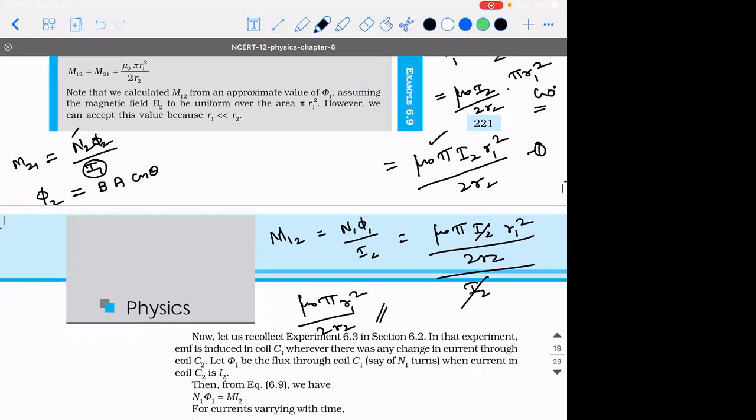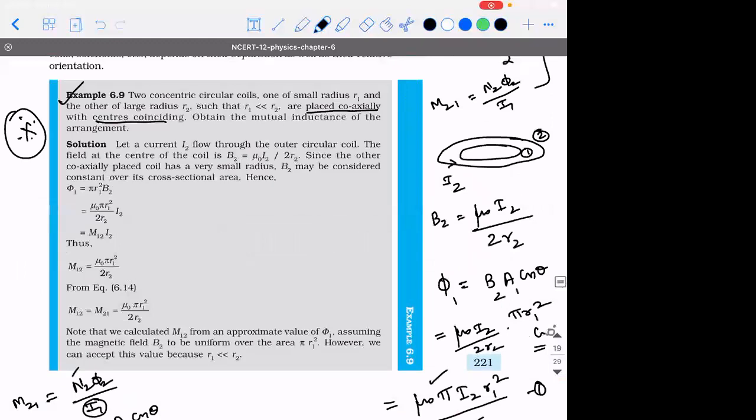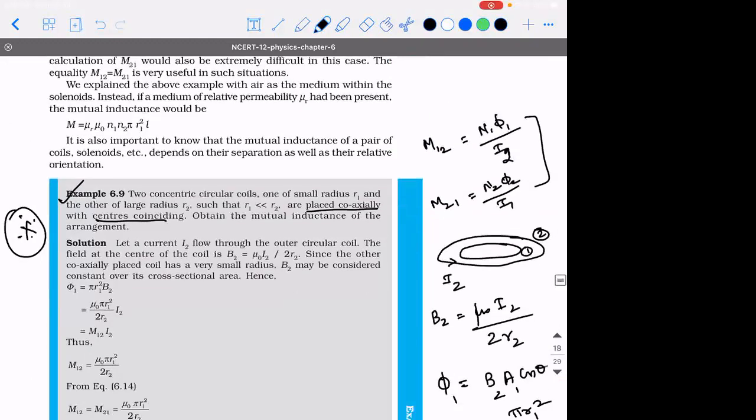So phi 2 is equal to the magnetic field generated due to the first coil into, what should I write? Sir, A2. Why A2? Sir, this is the second coil with respect to the first coil, sir.